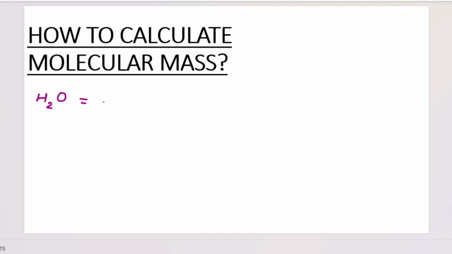So we can find out the molecular mass by adding atomic masses of 2 hydrogen atoms and 1 oxygen atom.